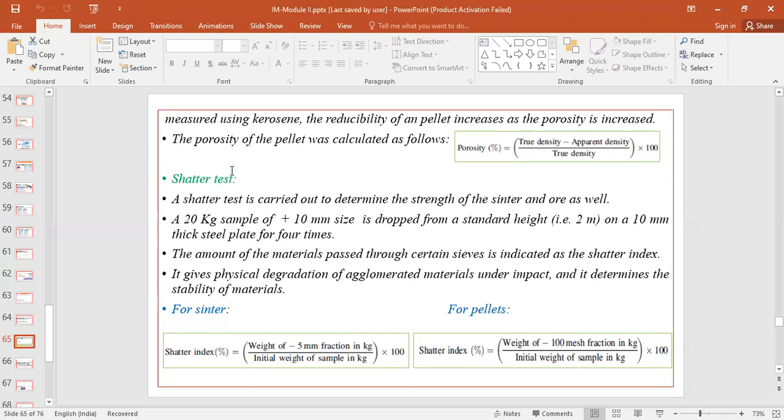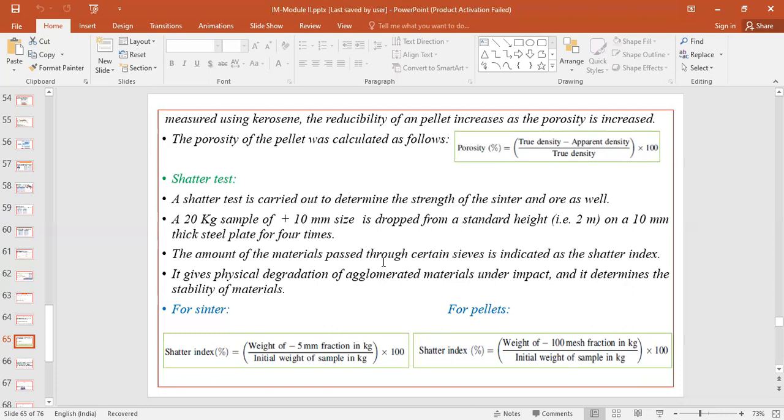And then we have a shatter test. This can be done for both sinters as well as for pellets. This is used to determine the strength of the pellets. A 20 kg sample of plus 10 mm size is dropped from a standard height of 2 meters on a 10 mm thick plate 4 times.